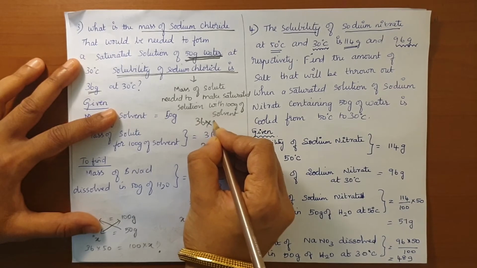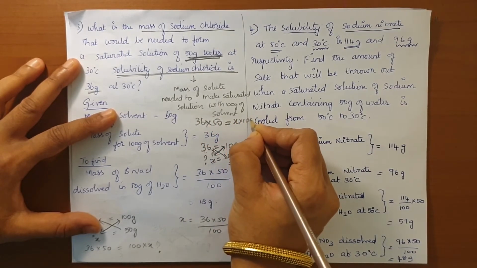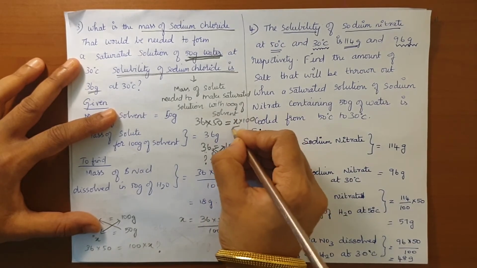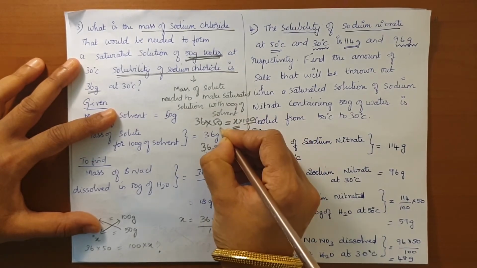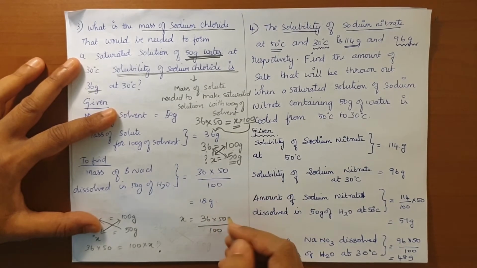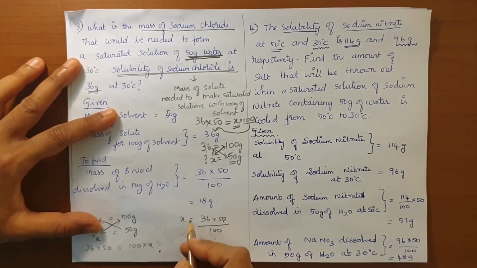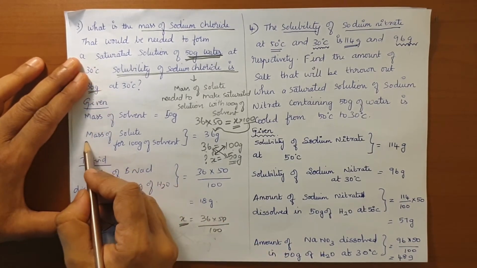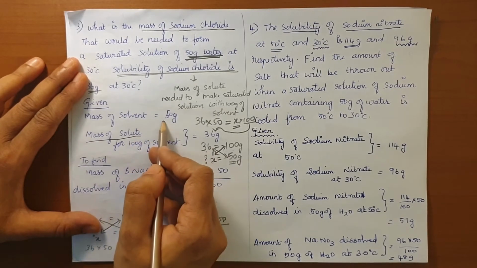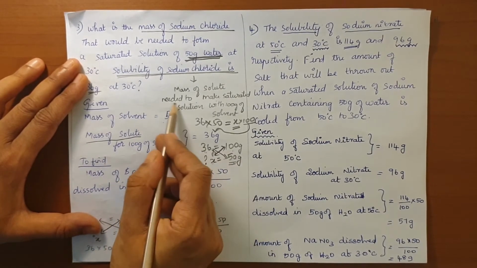I want x, so bring this 100 to the denominator. Then it will be 36 into 50 divided by 100. x is the mass of solute required to make a saturated solution with 50 grams of water.